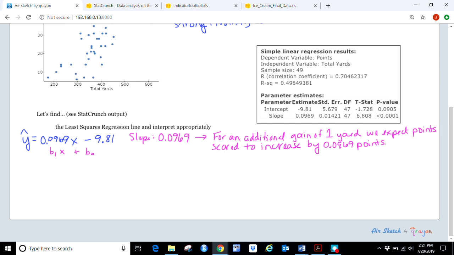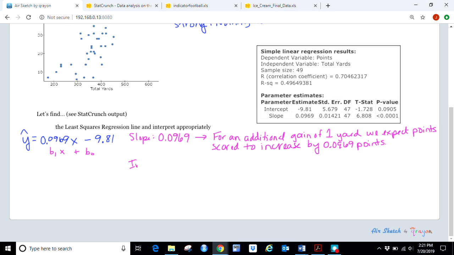And even though it's small, it sort of makes sense here because every time I gain a yard, we're not scoring a touchdown or something. It takes a lot of yards before we really do score. So a gain of 1 yard, each time we do it, is expected to increase points by 0.0969.